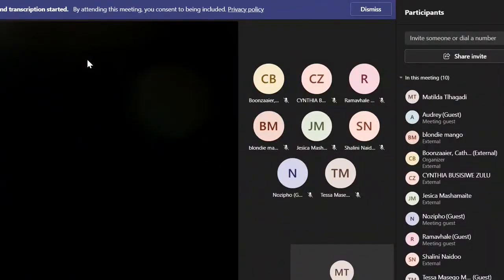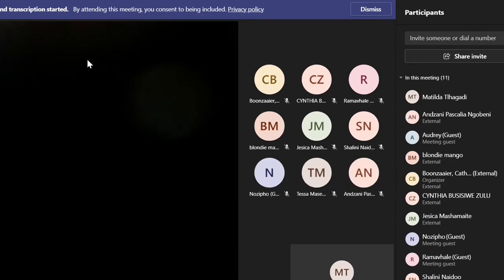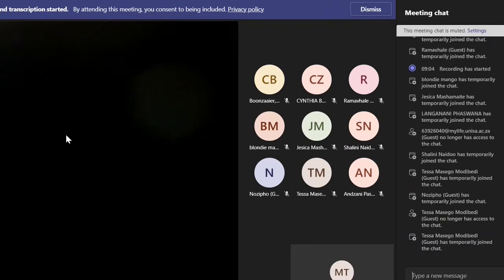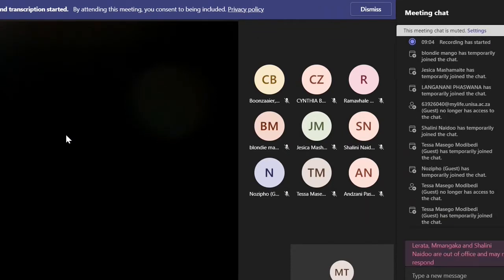Double entry principle. If you are now the bookkeeper or accountant of VW, the motor dealership, and I come and buy a BMW for cash. Actually, I'm going to change this example.